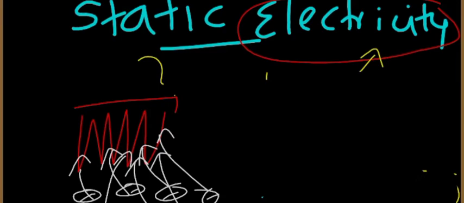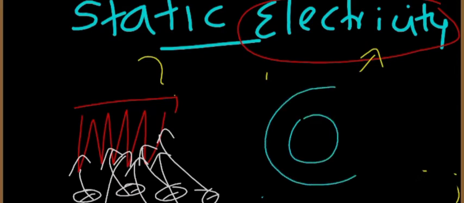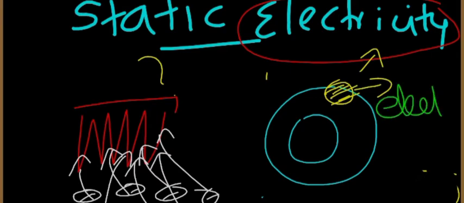Like this. This is the nucleus. Around the nucleus there will be a charge revolving around it, and this charge is called an electron.